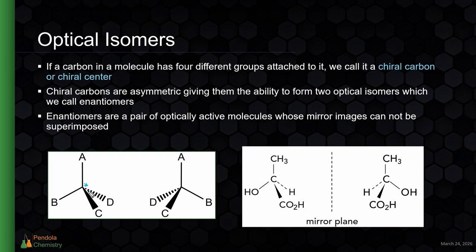This carbon right here, because there's a carbon here, right, would be a chiral center because we have 4 different attachments on it. This carbon, in a specific molecule, would be a chiral center because you have a hydrogen, a CH3, a COOH or a carboxylic acid, and an OH attached to it.